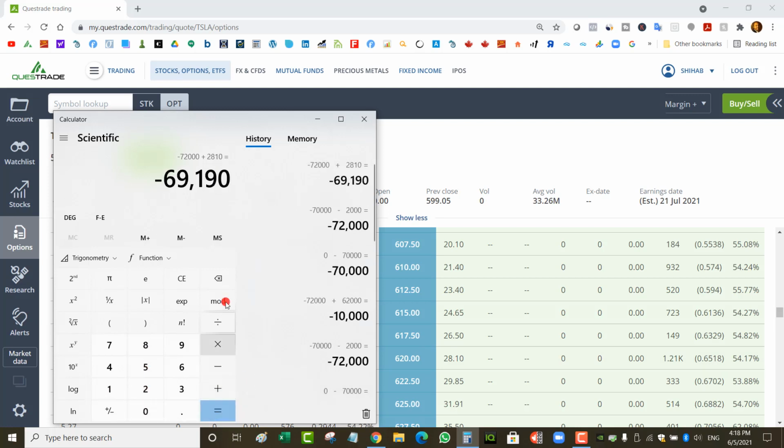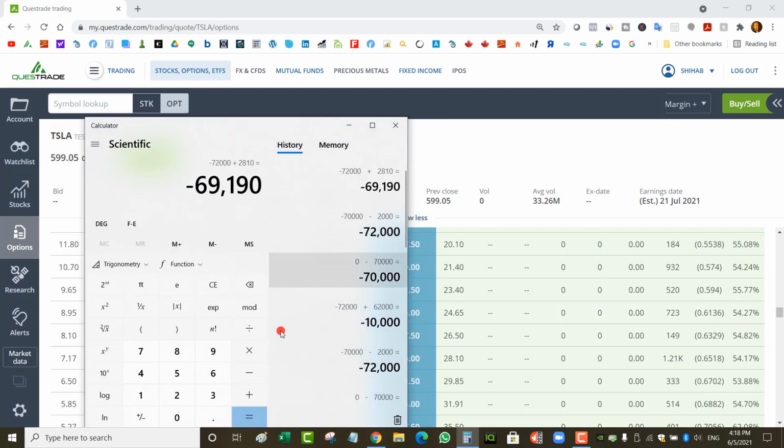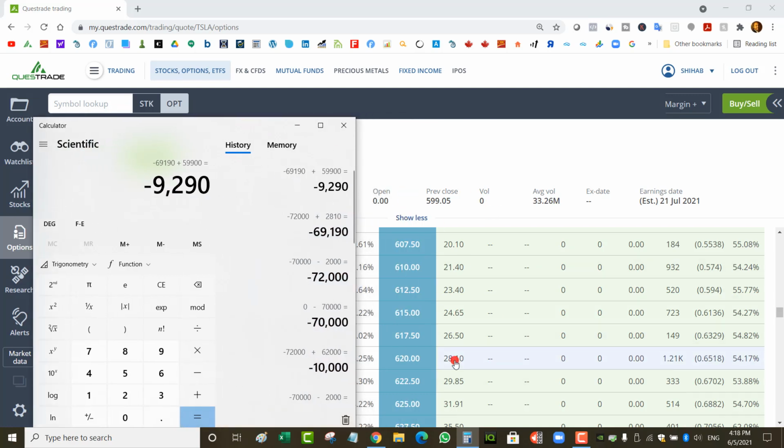And then I sell the shares at the current market price, which is $599. So now my loss is $9,290 instead of $10,000. That difference is, once again, time value that's still available in the put option that I'm selling.